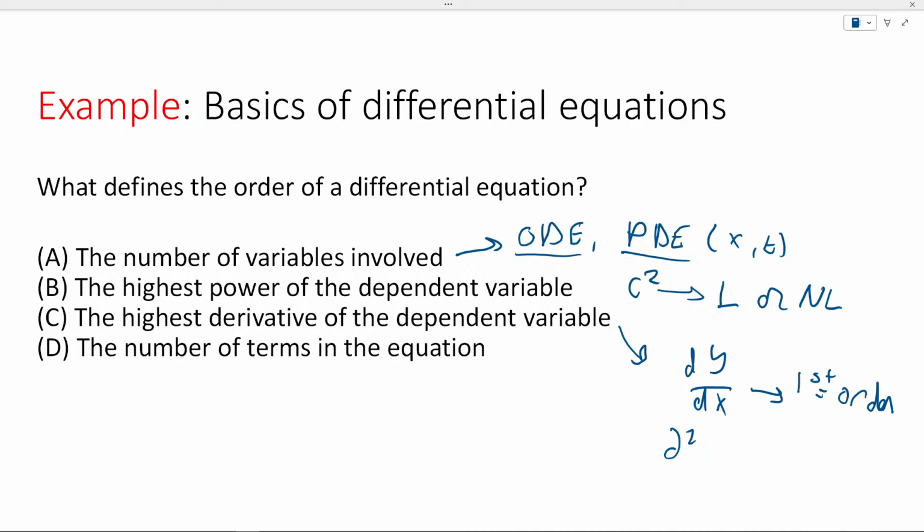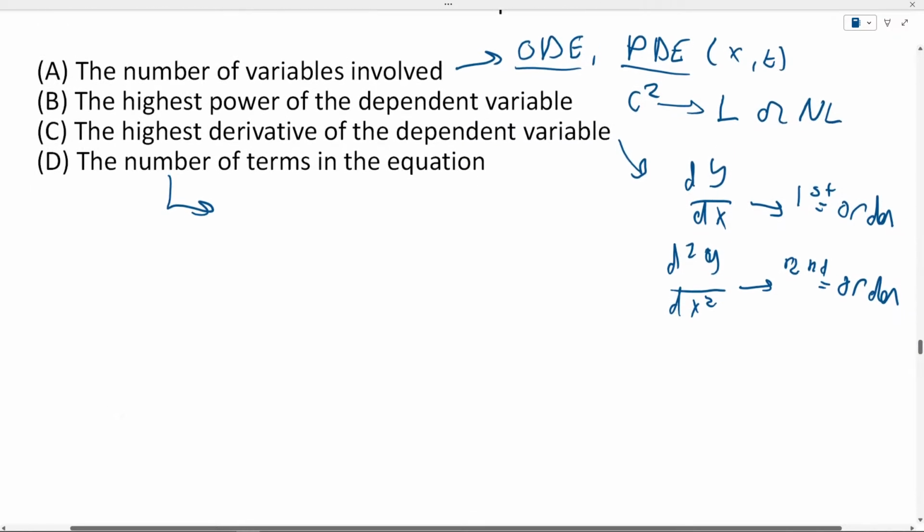If I have d squared y over dx squared, that is second order. The number of terms of the equation just tells you the number of terms of the equation. It has nothing to do with the order.